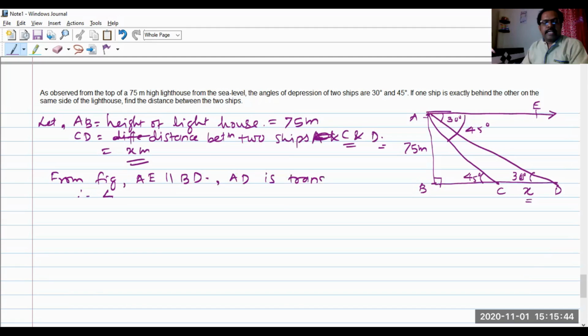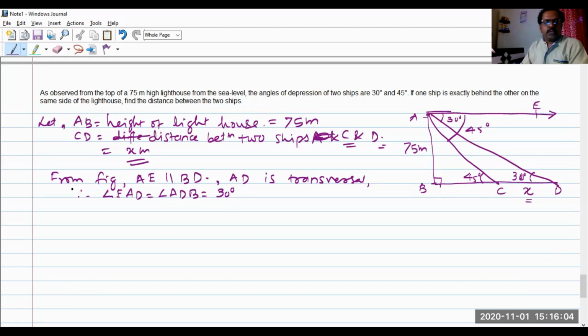With AD as a transversal, angle EAD is equal to angle ADB, and both are equal to 30 degrees.